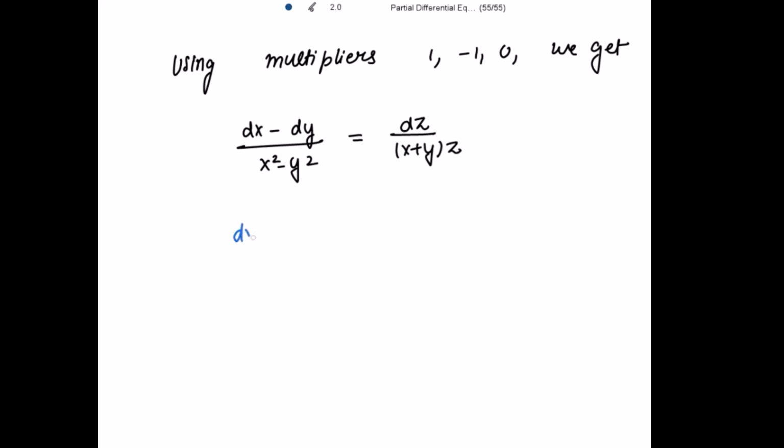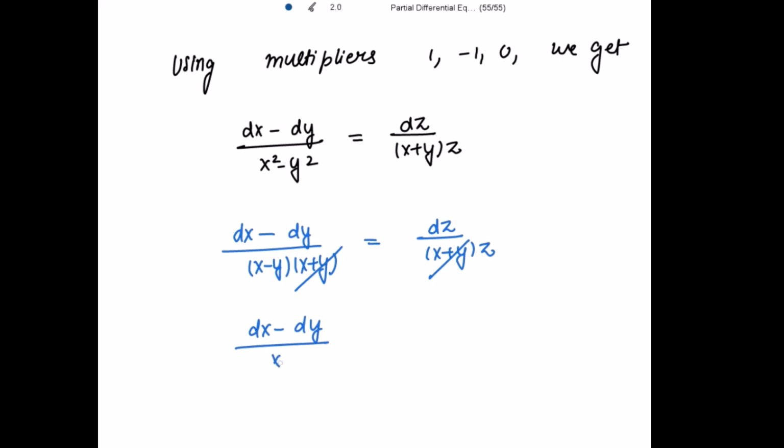So this can further be written as (dx minus dy) divided by (x minus y) into (x plus y) equals dz divided by (x plus y) into z. Cancelling x plus y from both the denominators, we get (dx minus dy) divided by (x minus y) equals dz divided by z. And let's integrate both the sides.